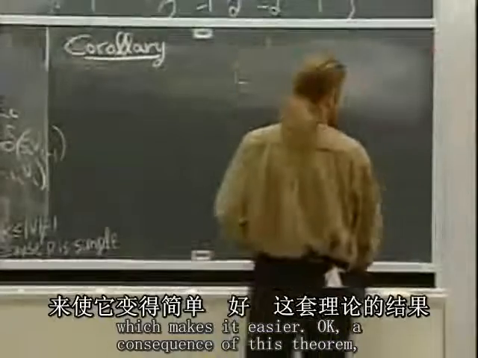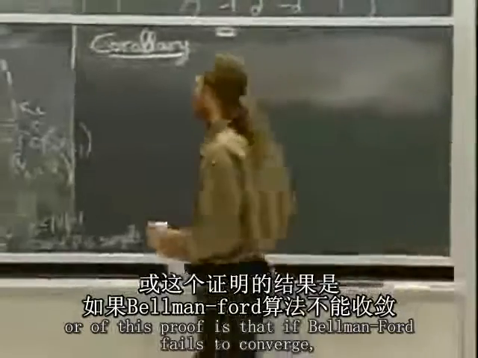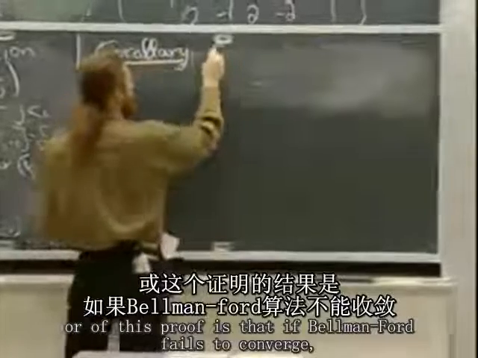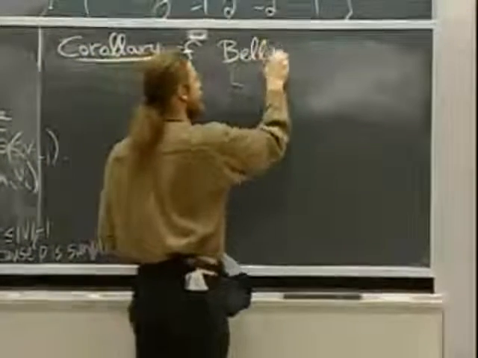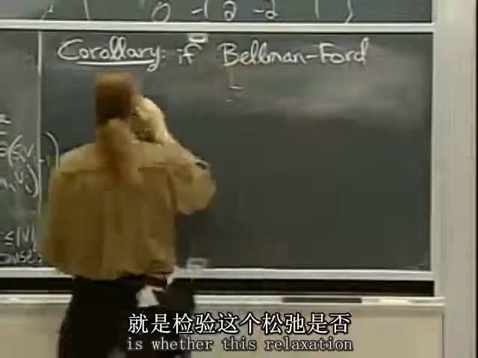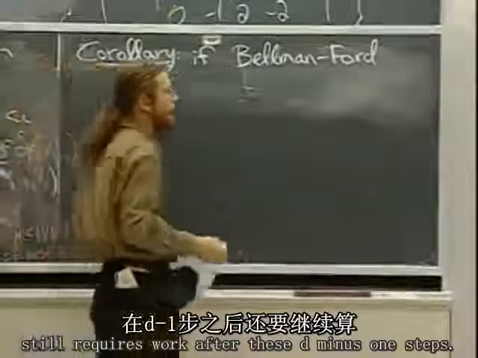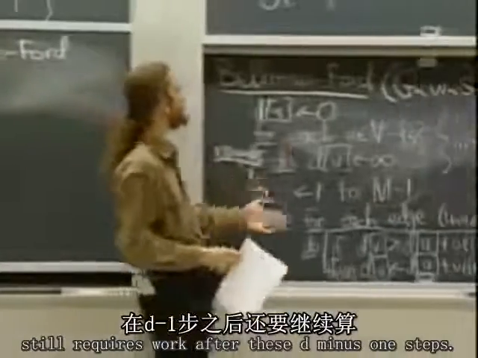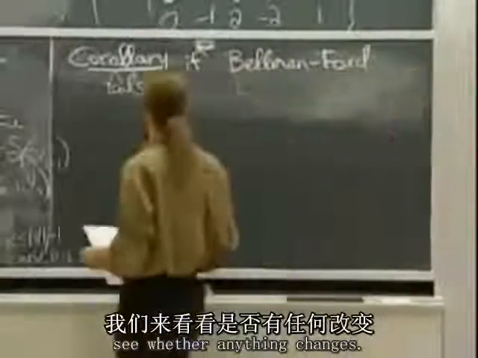Okay, a consequence of this theorem, or of this proof, is that if Bellman-Ford fails to converge, and that's what the algorithm is checking, whether this relaxation still requires work after these v minus 1 steps, right? The end of the algorithm is to run another round, a vth round, and see whether anything changes.